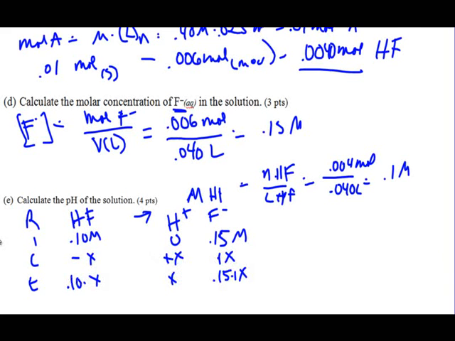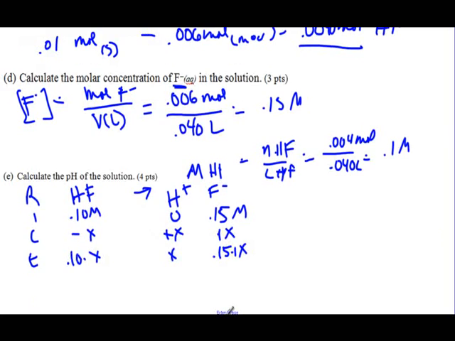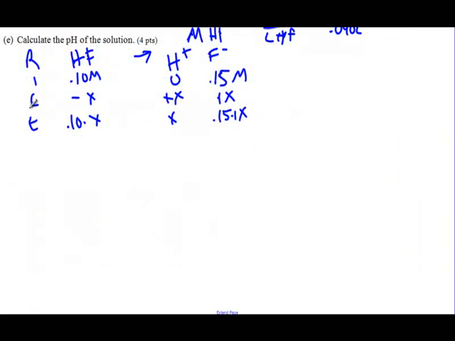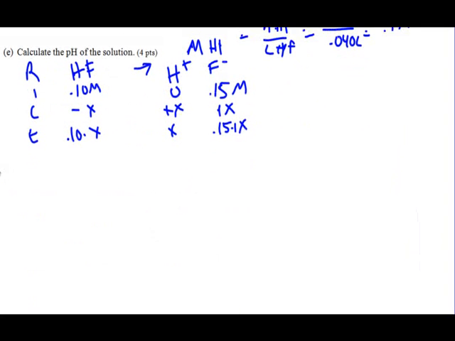Now I can put it into the equilibrium expression, and I know my Ka. It was given to me earlier. It's going to be the concentration of H+ times F- over my concentration of HF.